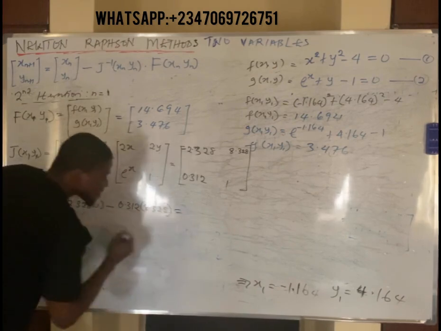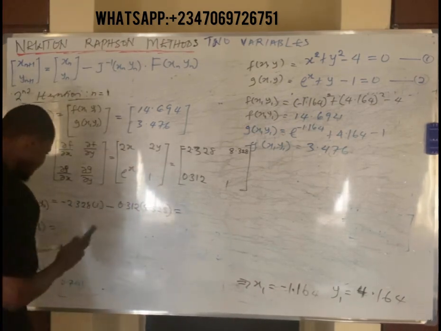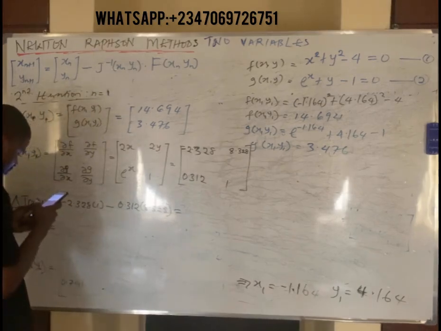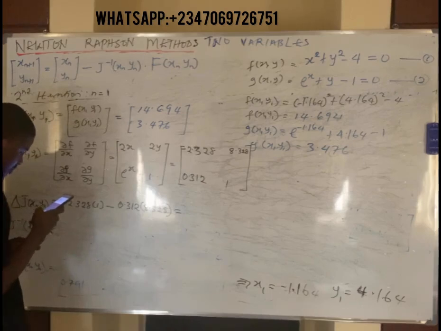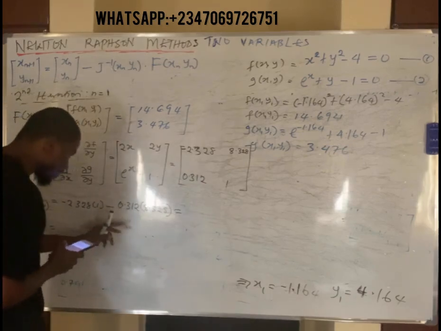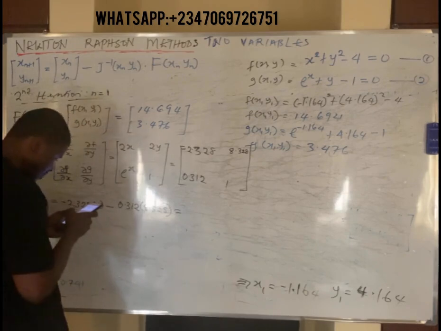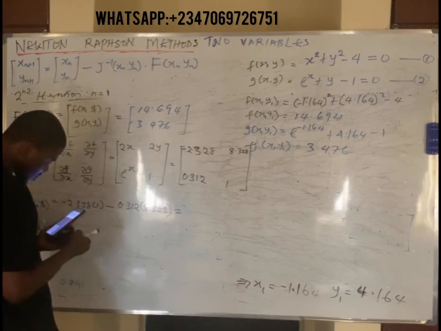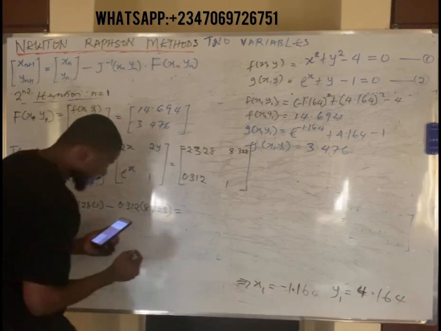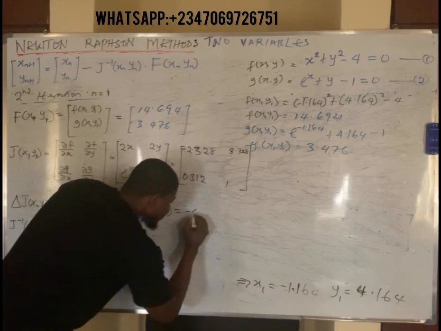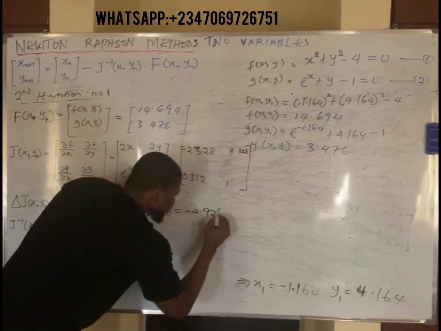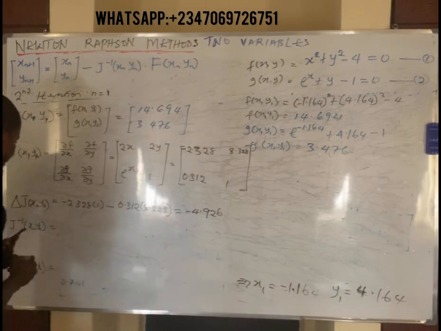So let's evaluate everything and obtain an answer. Negative 2.328, of course, multiplied by 1 still remains negative 2.328, minus 0.312 multiplied by 8.328. So upon evaluation, everything gives me negative 4.926. So this gives us the determinant of that matrix.